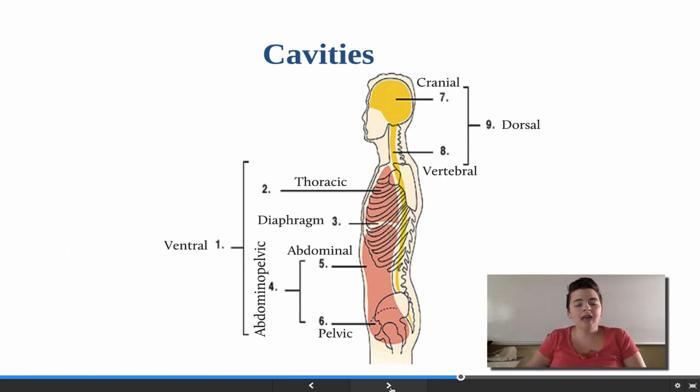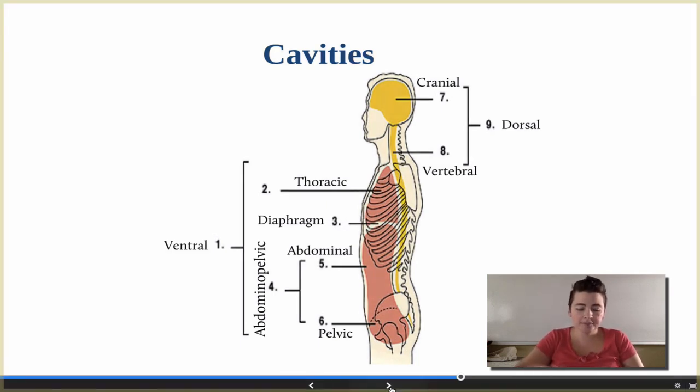Here's a side view of cavities. We're going to look at the kind of overall 2, number 1 and number 9. Number 1 is the ventral cavity. So the ventral cavity is here in the front, and that's basically what we went over earlier. It contains the thoracic cavity and the abdominopelvic cavity.